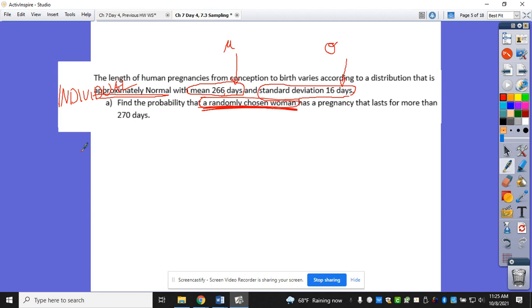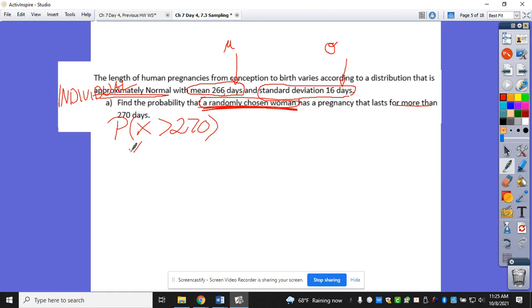Could I have answered that question in Chapter 2? If this were a Chapter 2 question, what is my symbol that goes here for an individual? So this is just the probability that X is what, based off of what it says. This problem is an individual, which has absolutely nothing to do with Chapter 7.